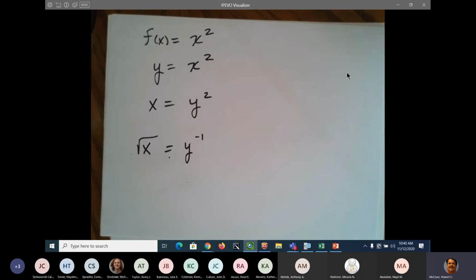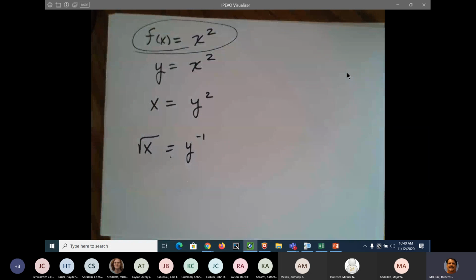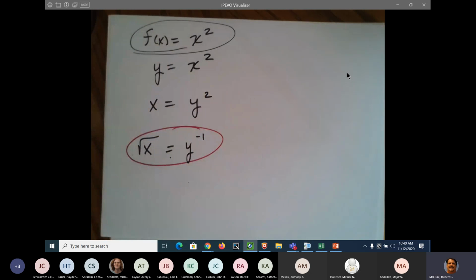So here, your function is x squared, and your inverse is the square root of x. Now, you're only going to get half the representation here because you can't take the square root of a negative number.